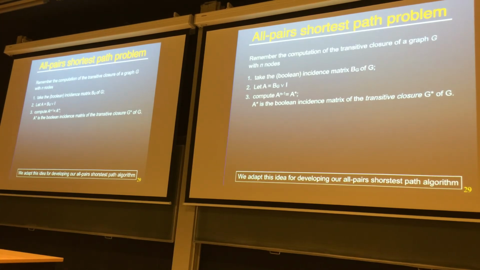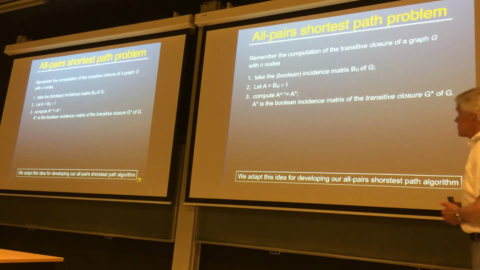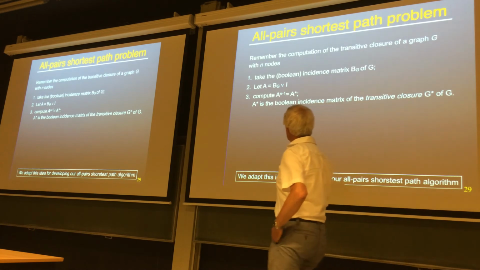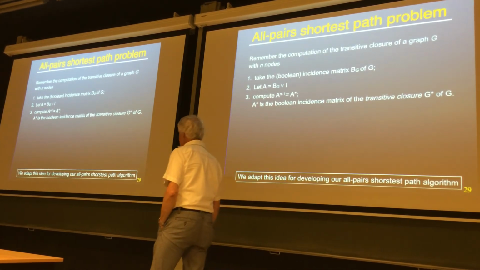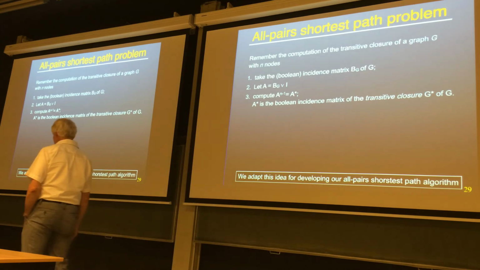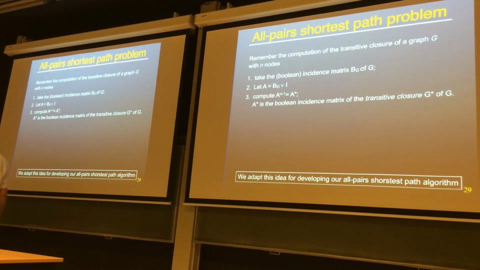So if node i and node j were connected, there was a cell in this matrix b_ij that contained a 1 and a 0 otherwise. And we took that Boolean incidence matrix to compute the transitive closure G star of G, and in the transitive closure G star there was an edge connecting two nodes if there was a path that leads you in a direct or indirect way from i to j.